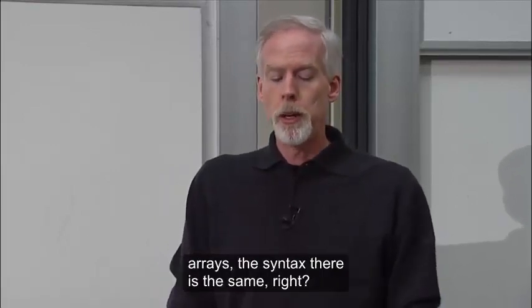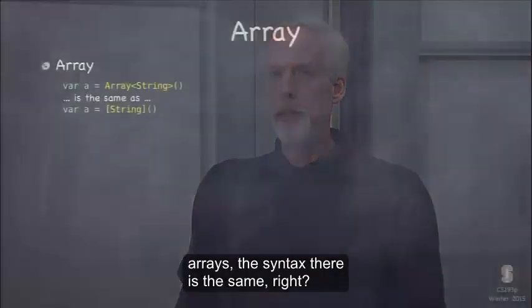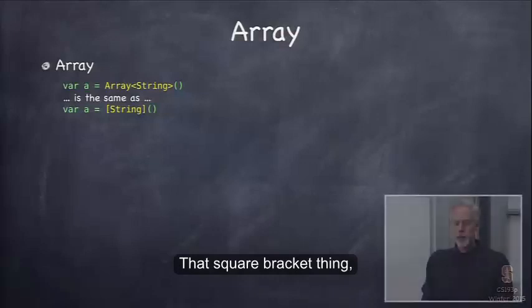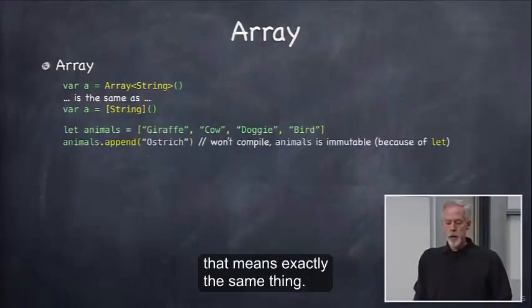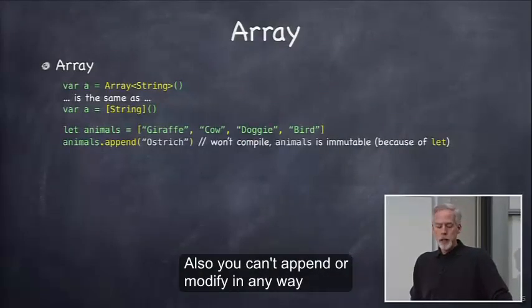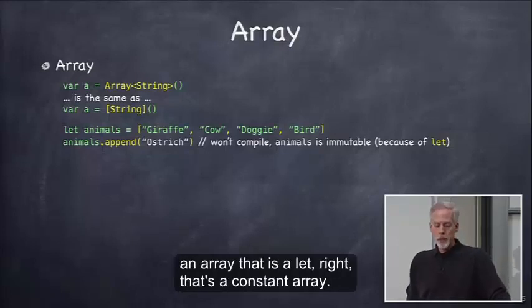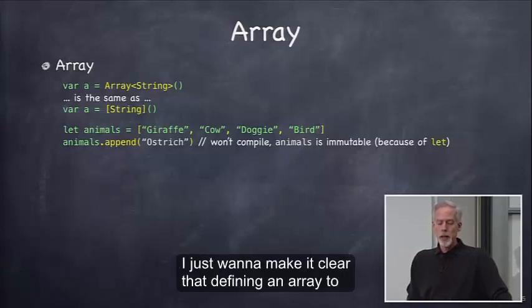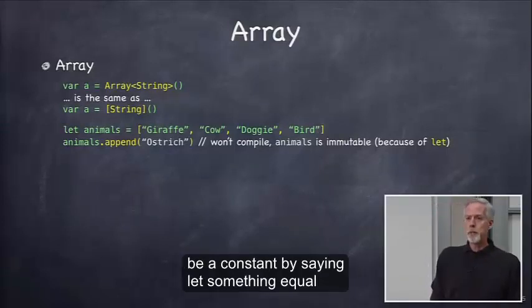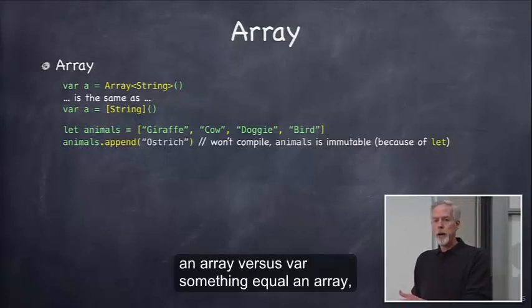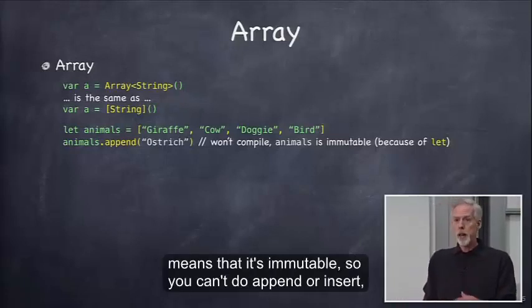All right, so array. We covered this, so I'm going to go really fast through this, but with arrays, the syntax there is the same, right? That square bracket thing means exactly the same thing. Also, you can't append or modify in any way an array that is a let, right? That's a constant array. I just want to make it clear that defining an array to be a constant by saying let something equal an array, versus var something equal an array, means that it's immutable.